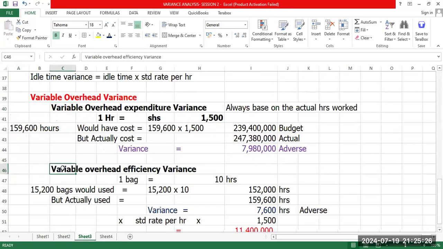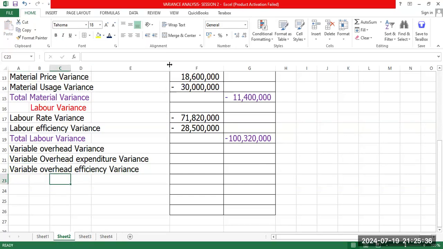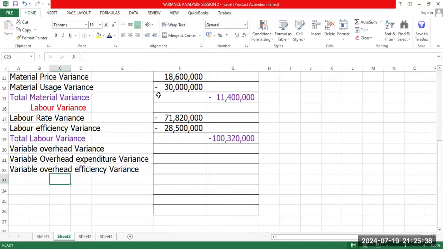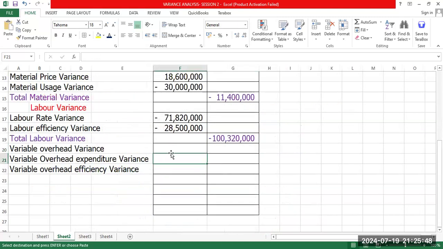Then we also have this, we also record it. This is how much? This amount.